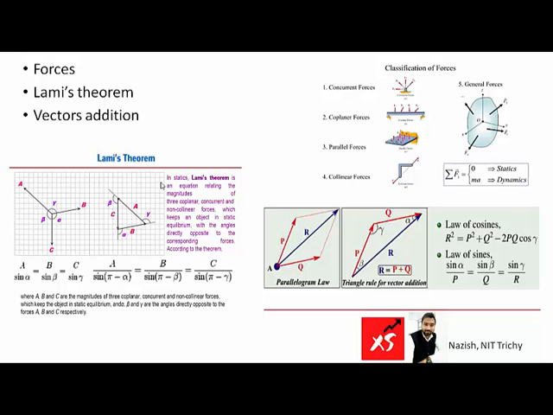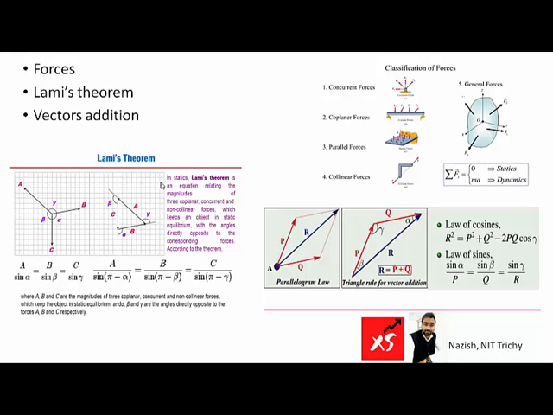Now we need to understand one thing. If the resultant of the forces applied on a particular rigid body is 0, the body is in static equilibrium, and if the resultant is not 0, the body is in dynamics with some acceleration. Now let's look into the theorem of static equilibrium, which will be helpful in finding the resultant forces: Lamy's theorem.